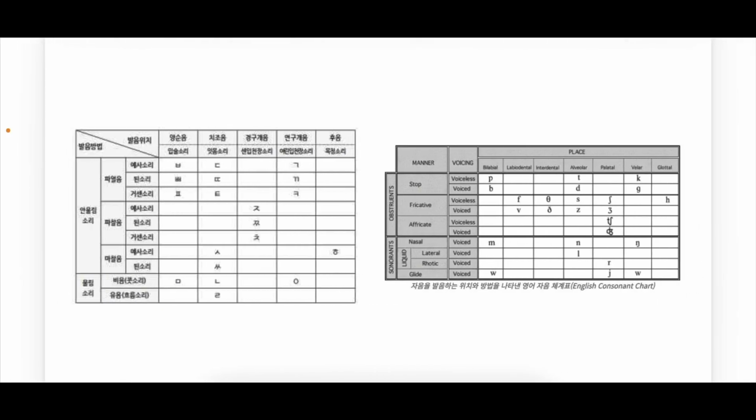If you took that course, this chart probably looks very familiar to you. However, because English and Korean each have unique sets of sounds, their classification systems differ slightly. One well-known example is the θ sound, as in "teeth," which exists in English but not in Korean.